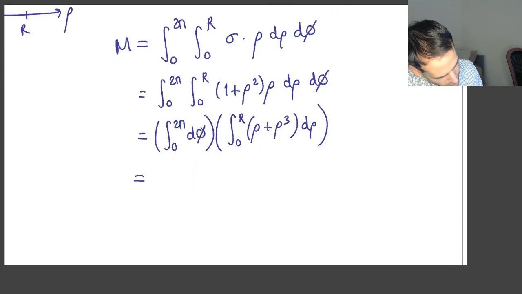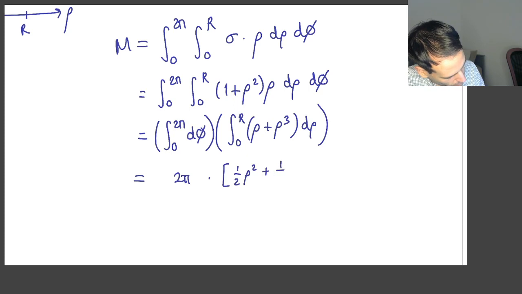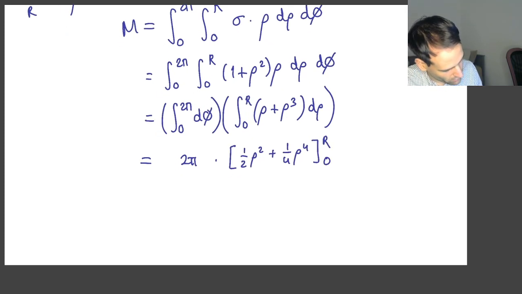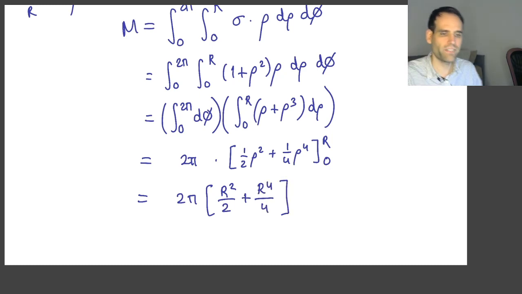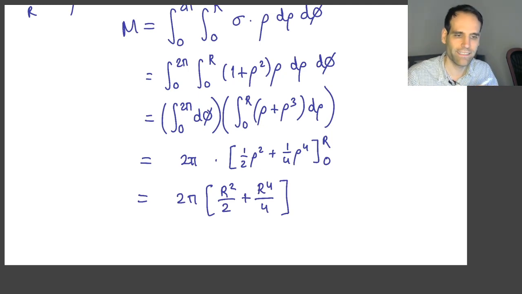So the result of the first integral is 2 pi, and the result of the second integral is 1/2 rho squared plus 1/4 rho to the 4 between r and 0, and this is equal to 2 pi times r squared divided by 2 plus r to the 4 divided by 4. And this will be the total mass of this disk.